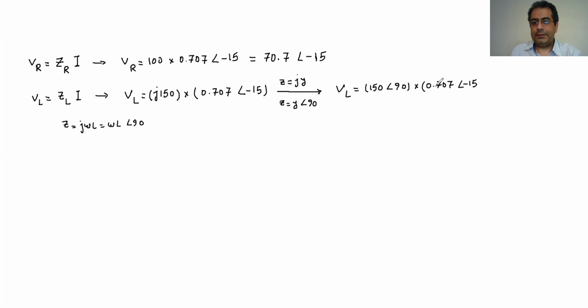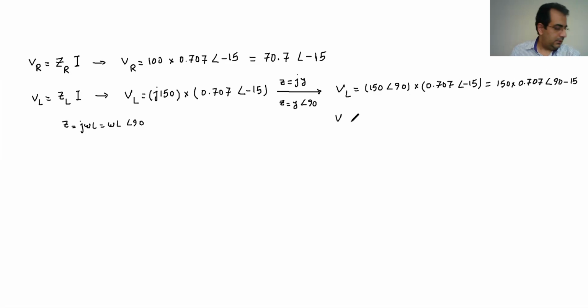So again, we either plug it in the calculator, or when we multiply, we multiply the magnitudes and add the angles together. So it's going to be 150 times 0.707 with angle of 90 plus negative 15.